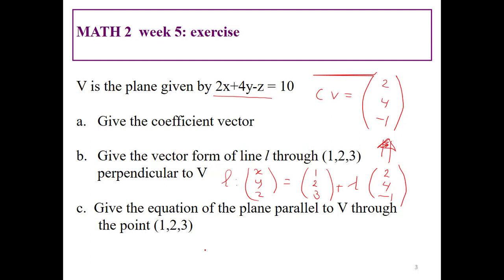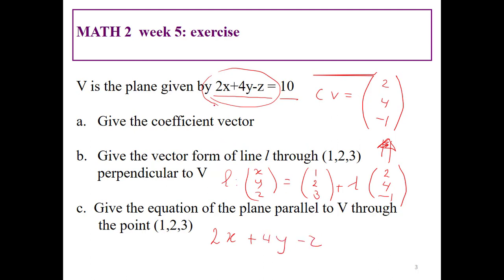Okay, then the last question: give an equation of a plane parallel to V through the point (1, 2, 3). So this is the equation of the plane V, equal to 10. And I now need an equation of a plane parallel to V. So that means it has the same parameters in front of the x, y, and the z.